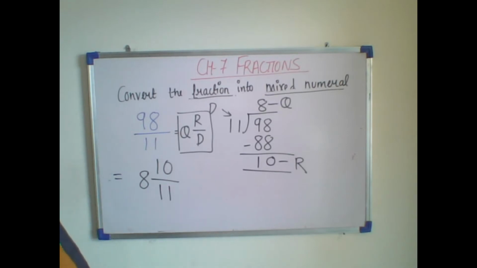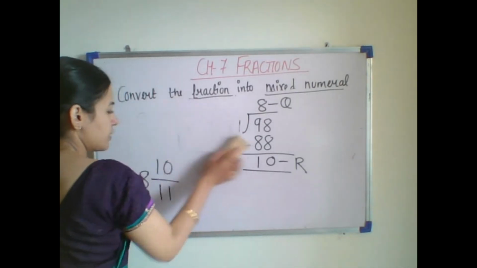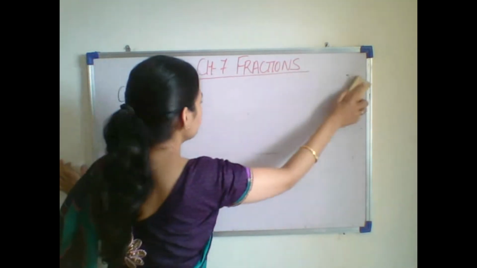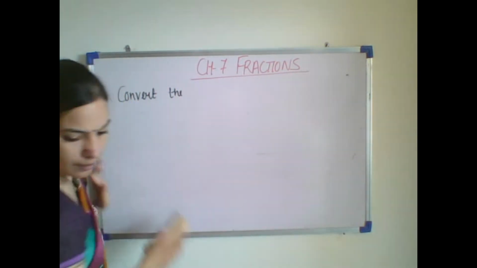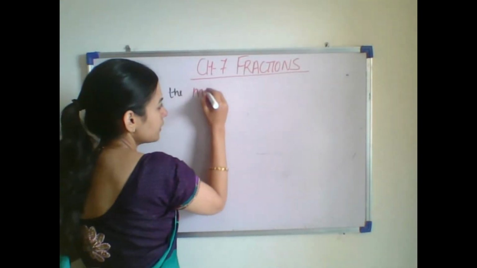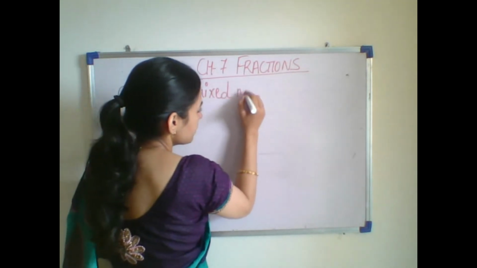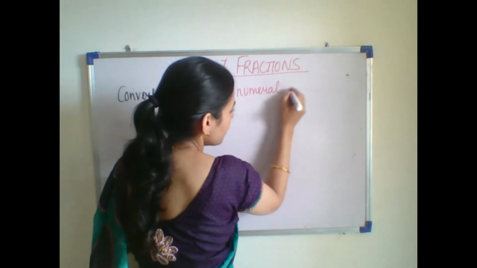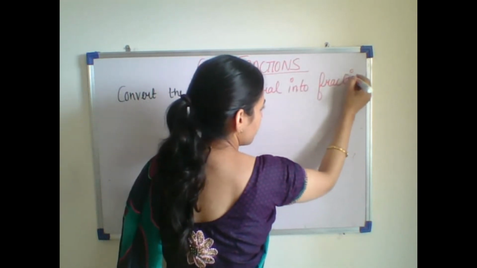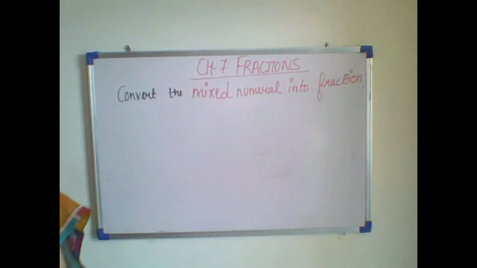Now what if in the question it is given to convert the mixed numeral to the fraction? If the opposite is given in the question, that we have to convert the mixed numeral into a fraction, that is, into an improper fraction, then how to convert it?